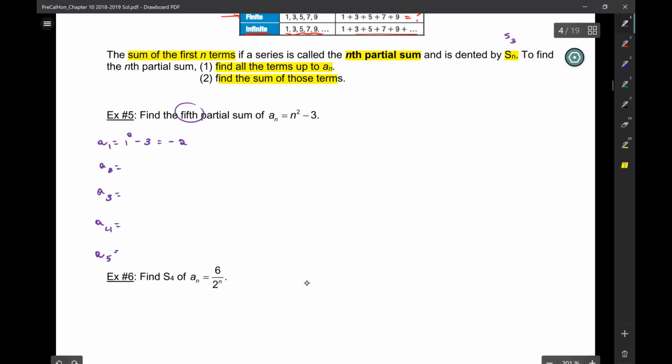Same thing here: 2 squared minus 3, that's a 1. And similarly, we get 6, and for n equals 4, 13. And what's the last one? 22. So S sub 5 is the sum of all of those numbers.